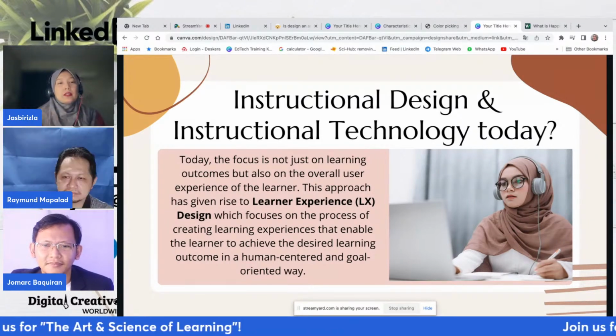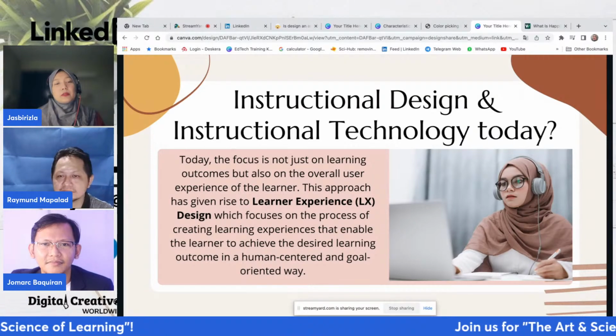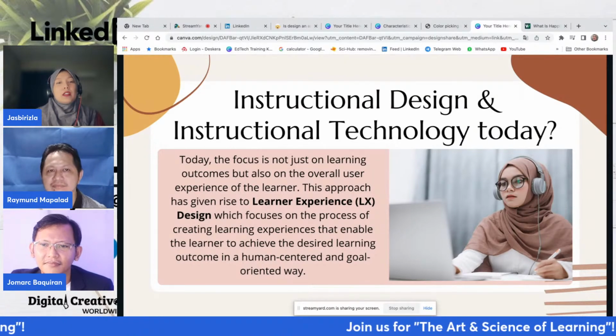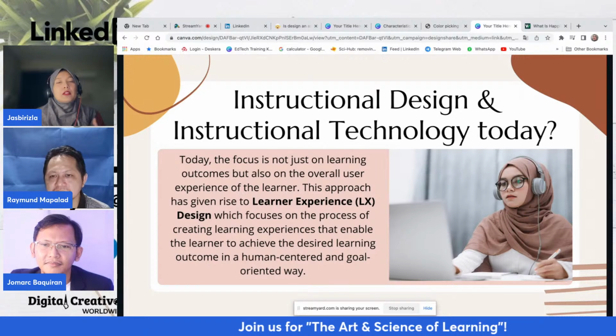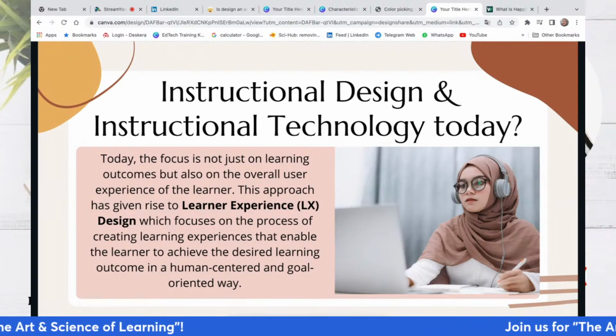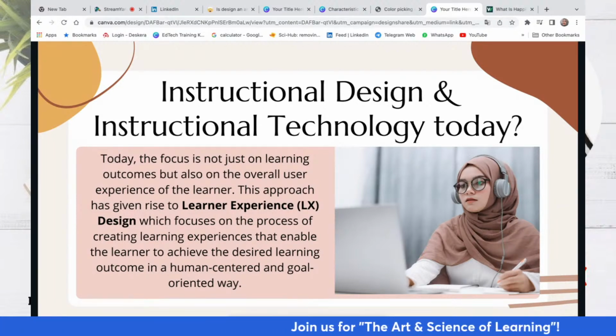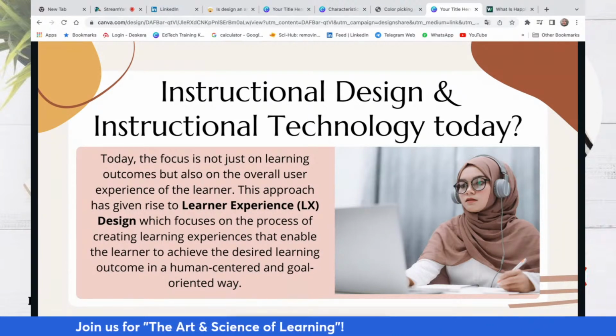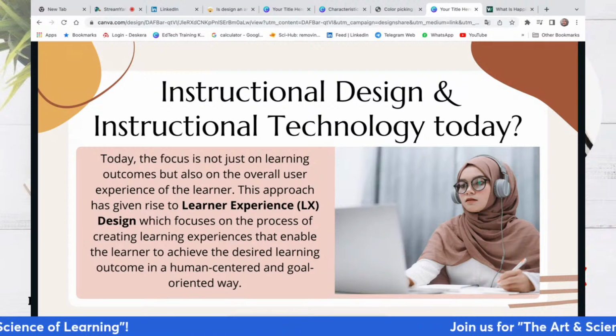We have something that we call learning experience design, where we try to develop learning content that caters to the way we function as humans. So the question is, how do we function as humans? What do we like as humans? Where do we find all this information?